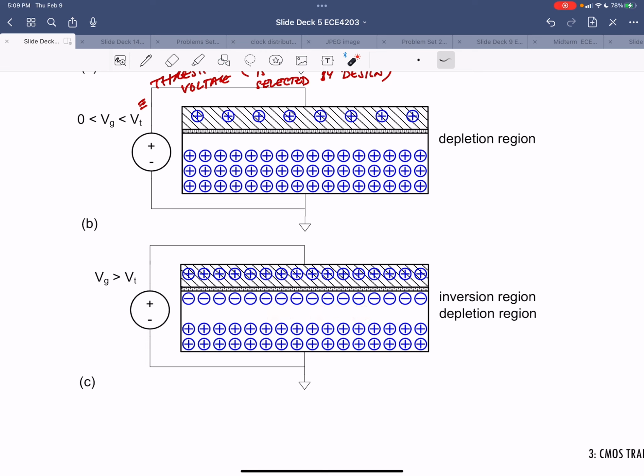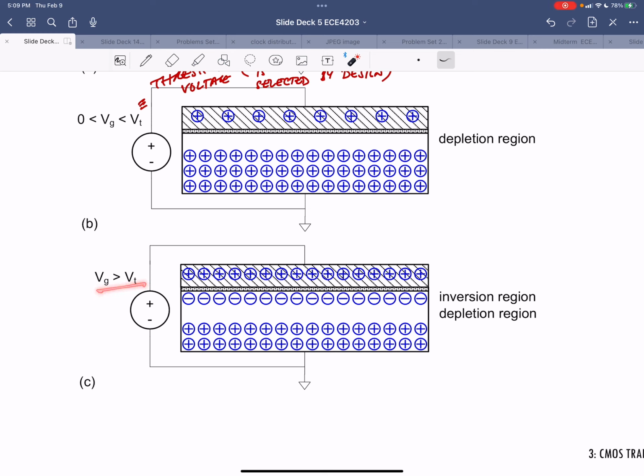So this electric field separates the electrons from the holes, and once separated, they no longer recombine into a neutral area, and you end up with an electron-rich area right under the gate.